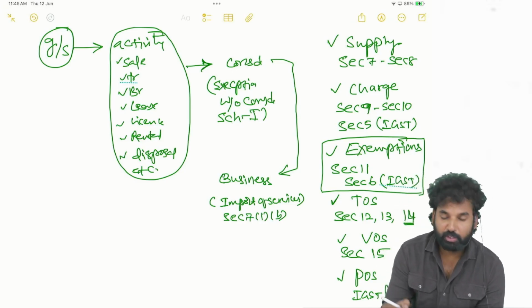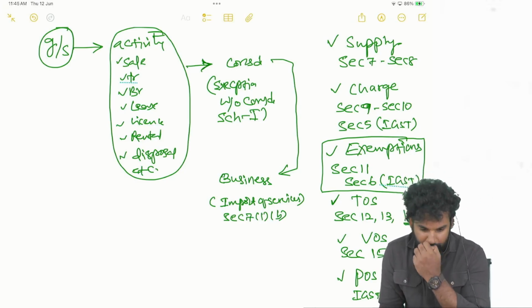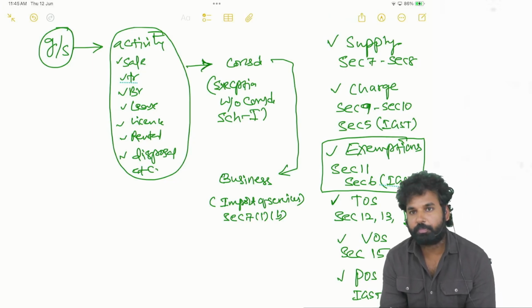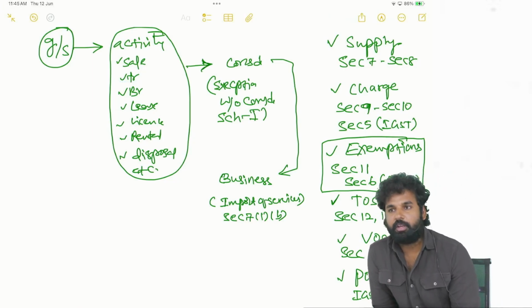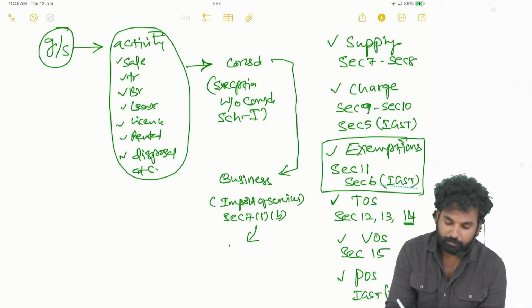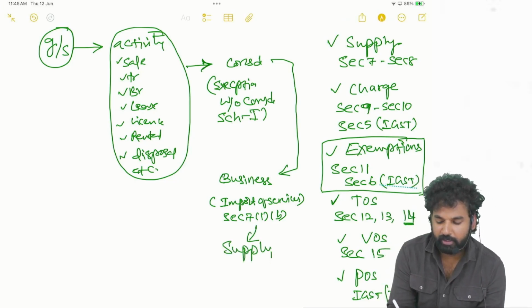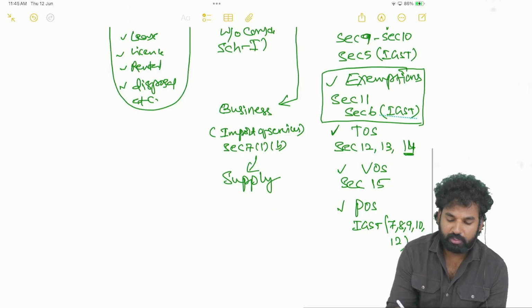In the course or furtherance of business, consideration must be there. In the course or furtherance of business, it shall be there. Then it will be a supply.